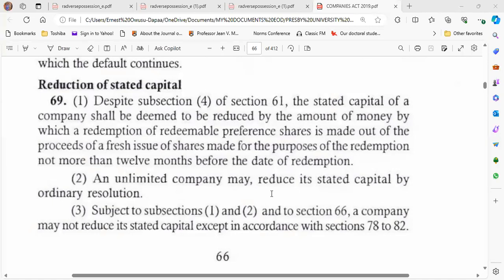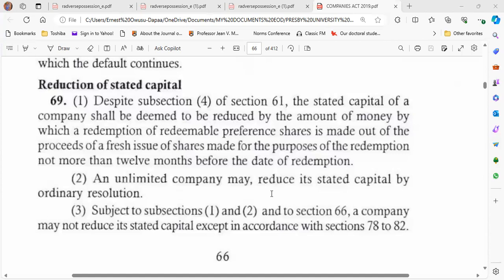But if we look at section 61, subsection 6, there's a provision, and I quote, before we come back to 69, that except as provided in section 69, that is the section we are going to be discussing pretty soon, a redemption, purchase, acquisition or forfeiture by the company of the shares of the company, or the cancellation of the shares so redeemed, purchased, acquired or forfeited, shall not reduce the stated capital of the company.